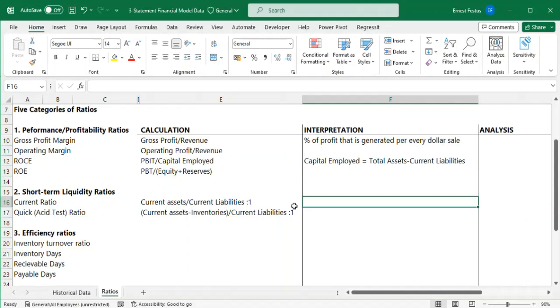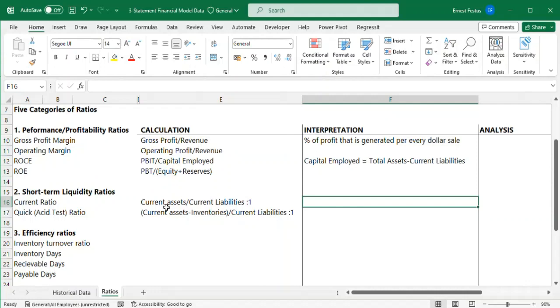Okay, so that is our current ratio. However, this has a limitation because of the inclusion of inventories in our current assets, as these inventories are mostly not easily convertible into cash. So with this ratio, we are talking about how liquid the business is.